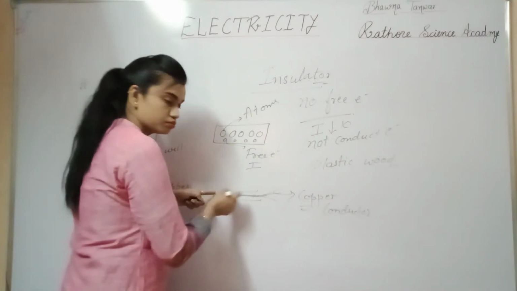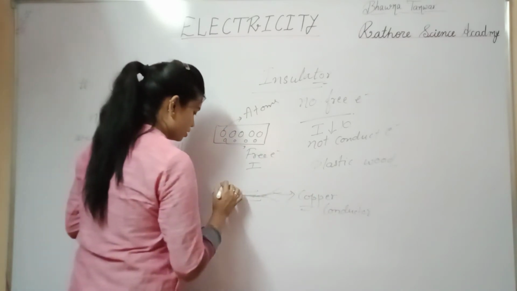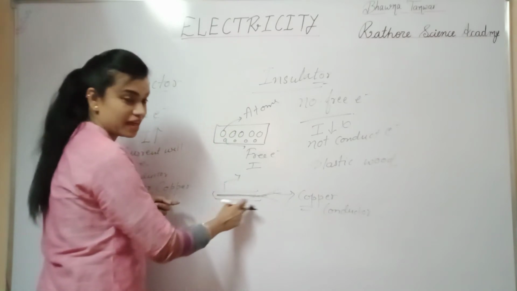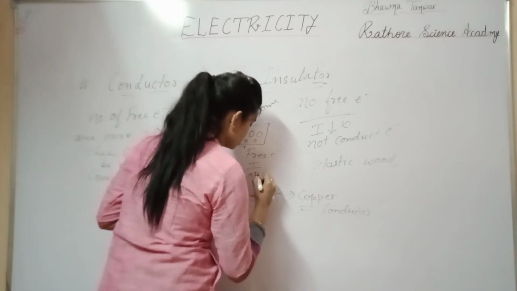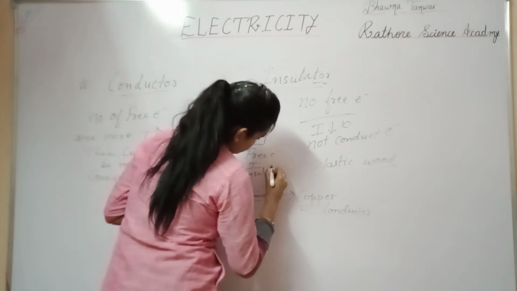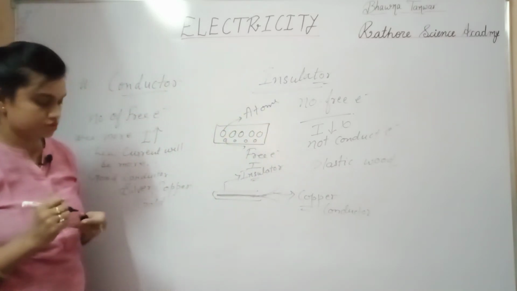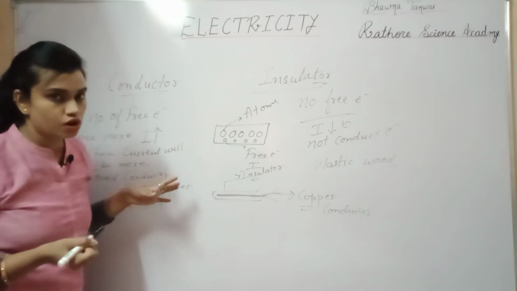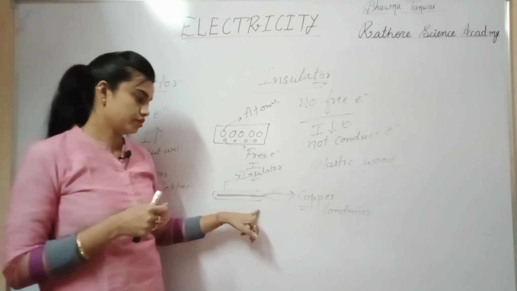The electron moves inside it, right? And this black color cover works as an insulator. The plastic cover is known as the insulator, due to which we will not get a shock or current, right? You can hold it easily.